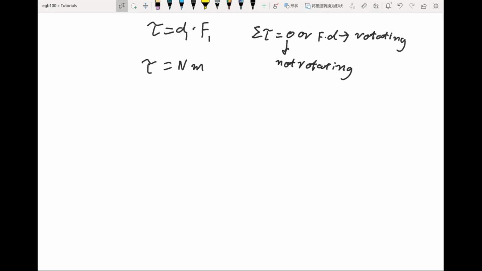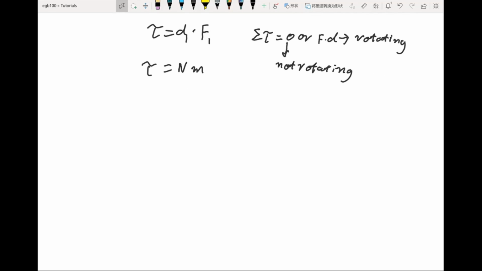In addition, sometimes we will need to expand the force vector, so we get torque, because this is a cross product and not just a times, is equal to the magnitude of the distance times the magnitude of the force, F1, times sine theta.